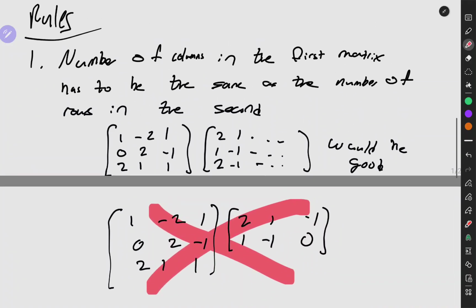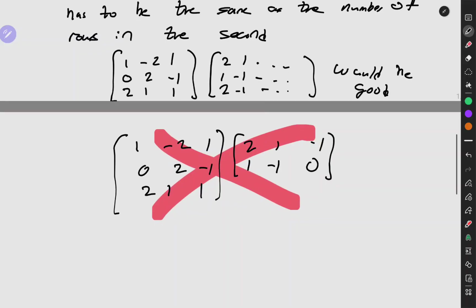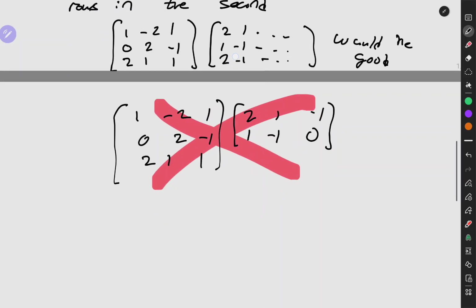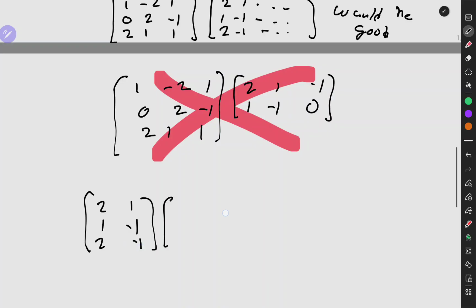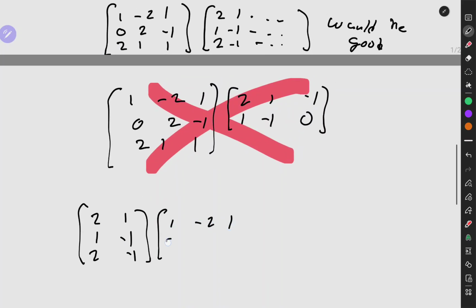So there's a few more rules to matrix multiplication. Say for this first example here, what if we reverse the order? Well, first of all, if we reverse the order on the one that we have right here, if this was 2, 1, 1, negative 1, 2, negative 1, suddenly this is no longer possible because the number of columns is only 2 on the first one.